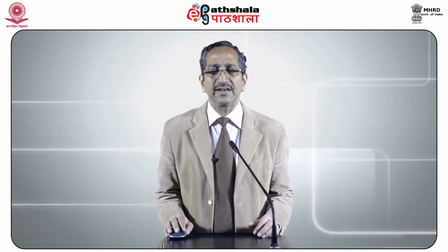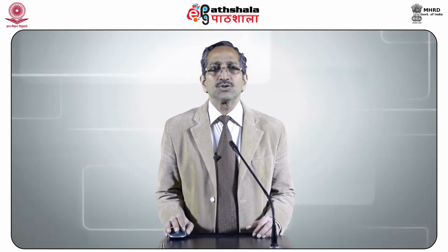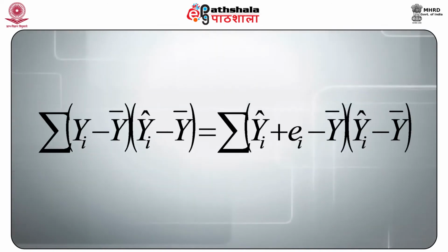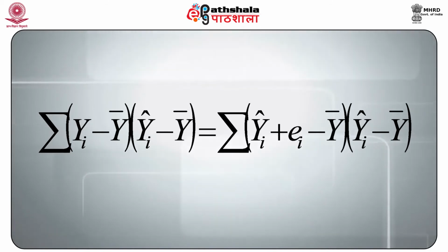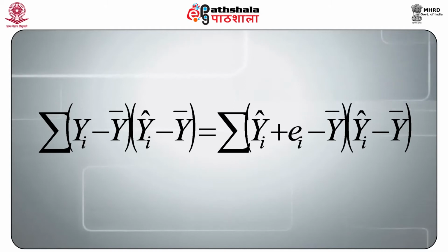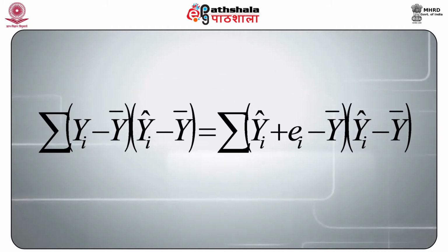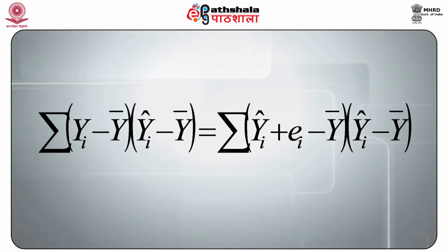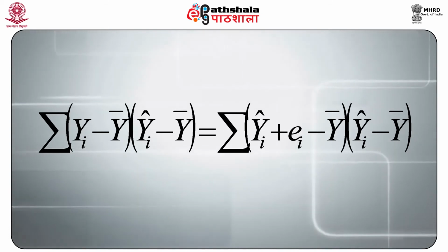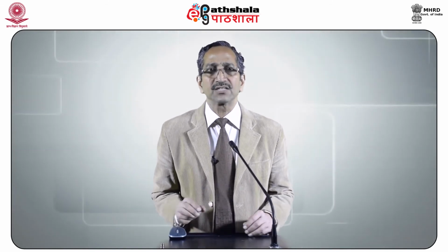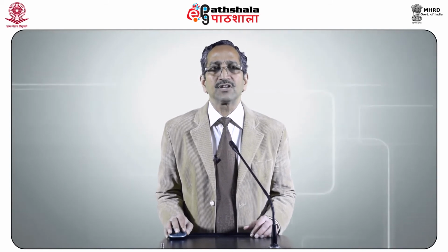So let us consider the numerator, which is summation yi minus y bar into yi hat minus y bar. This could also be rewritten as summation yi hat plus ei minus y bar into yi hat minus y bar. What we have done is substitute the value of yi equal to yi hat plus ei in our first term.